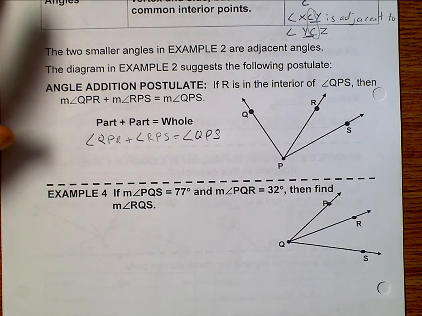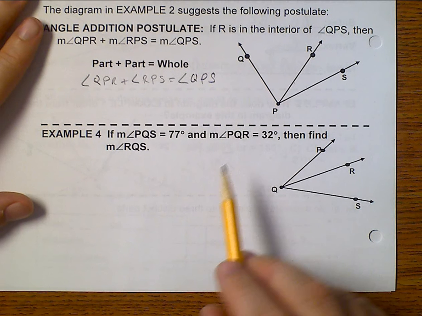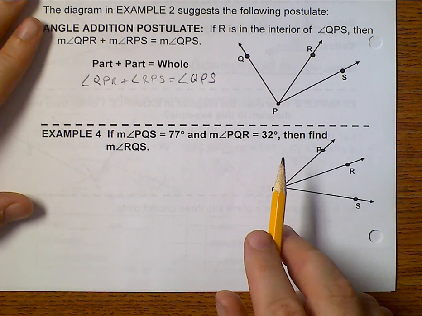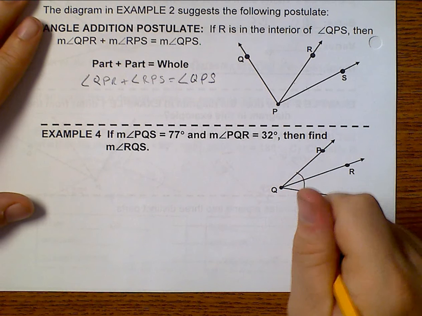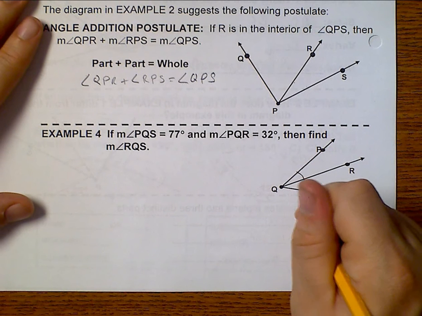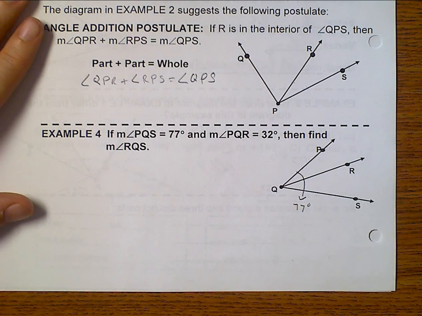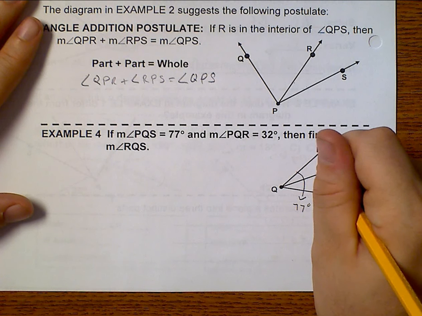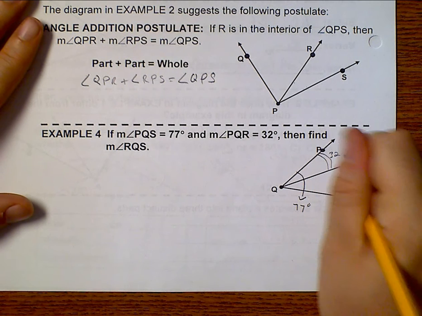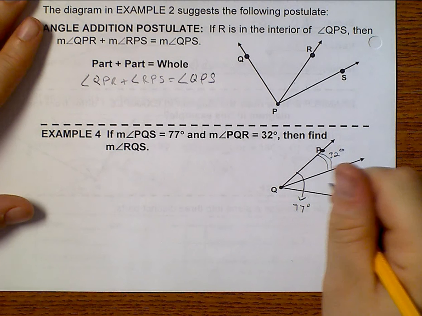Let's put that into motion. So this says that QPS, the whole thing, is 77 degrees. QPR, that would be this one, is 32 degrees. And we want to find RPS.